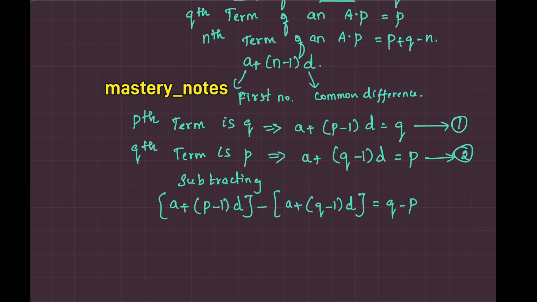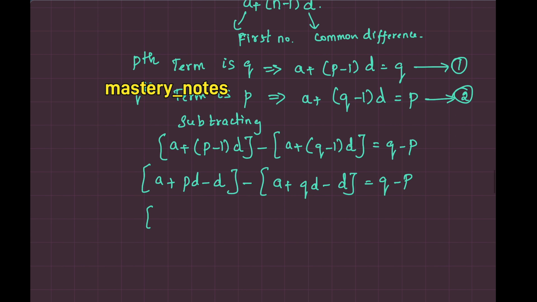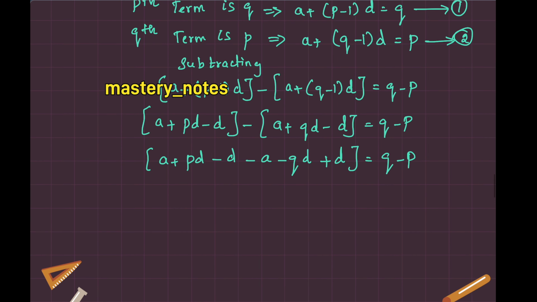Now expand it and simplify. a plus pd minus d minus a minus qd plus d, which is equal to q minus p.